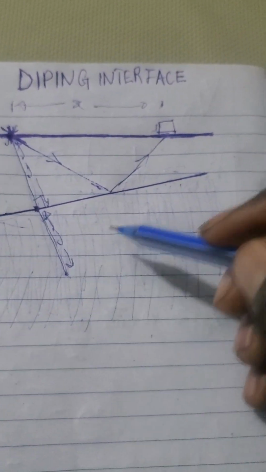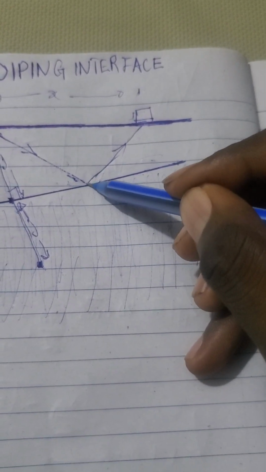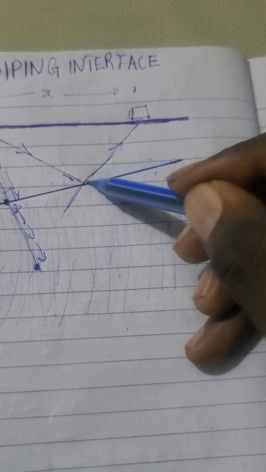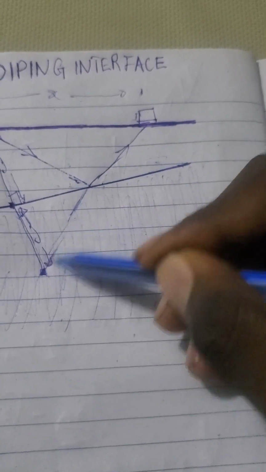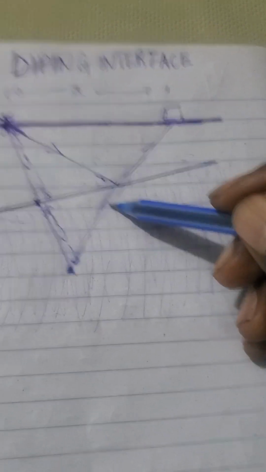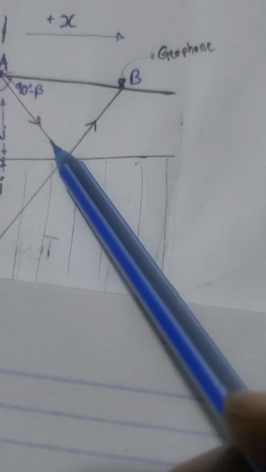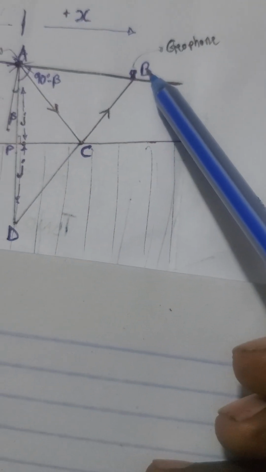Let's extend this line to meet the line that joins to the geophone. So the wave structure will look like this. The rays will travel, strike, and then get reflected to the geophone.